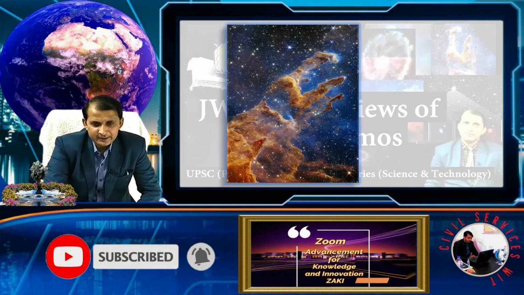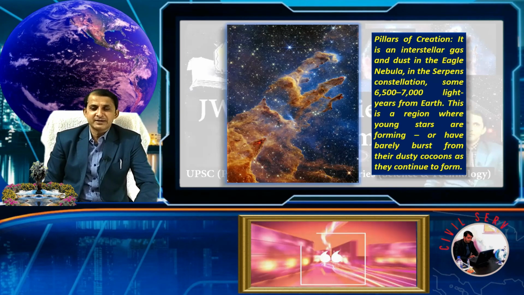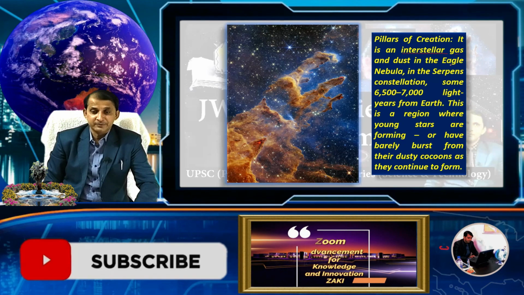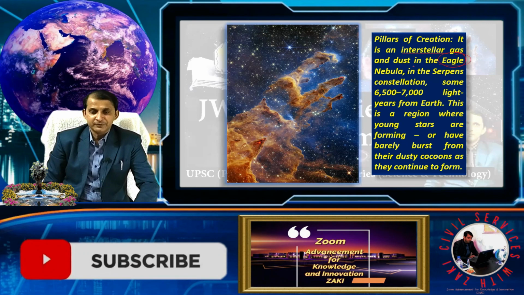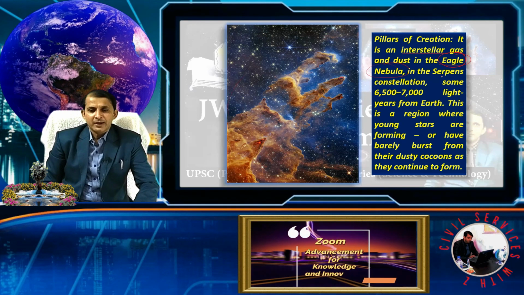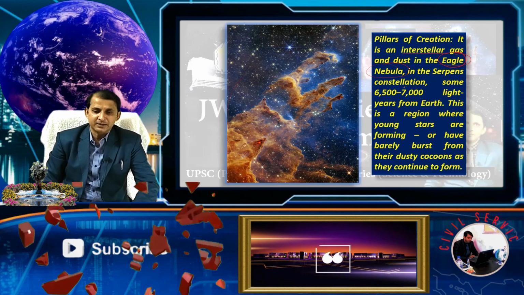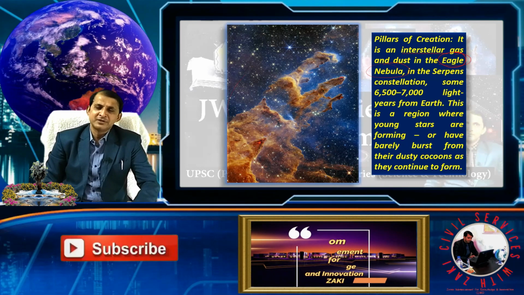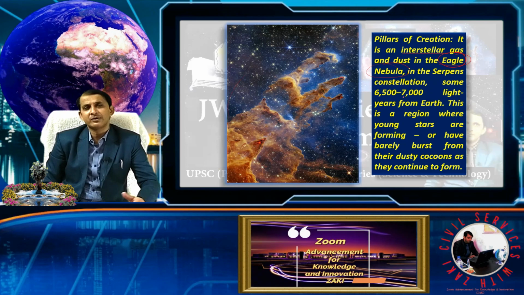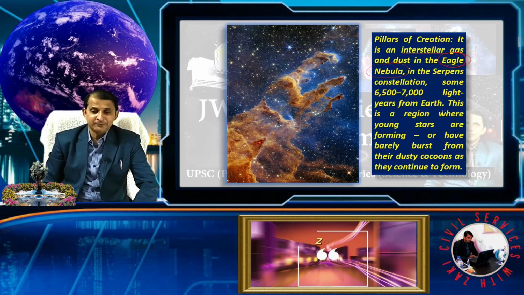Another is the Pillars of Creation. The Pillars of Creation are interstellar gas and dust in the Eagle Nebula, situated in the Serpens constellation, about 6,500 to 7,000 light years from the Earth.